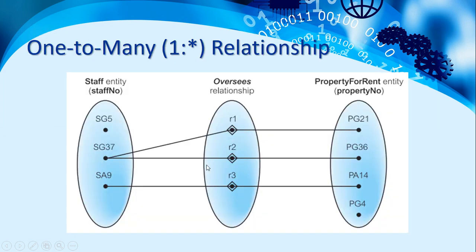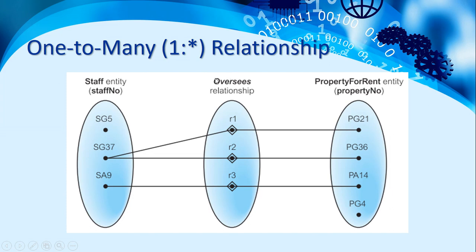So next we have one-to-many relationships, or 1..*. So consider the relationship overseas, tinututukan, no? So sa Tagalog pa, a staff is monitoring or overseeing a property for rent. Minamasdan niya, minamonitor.